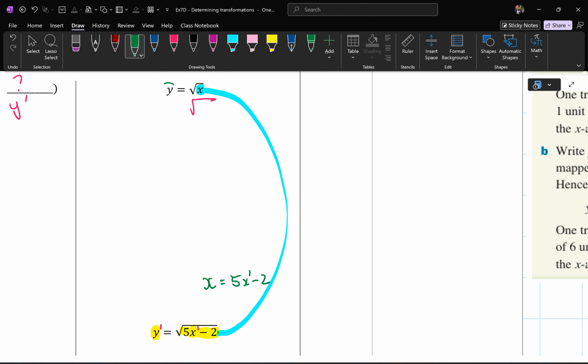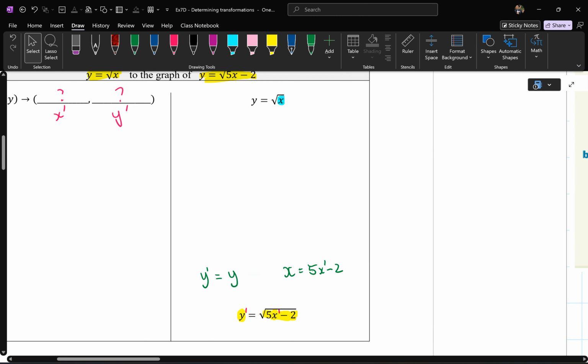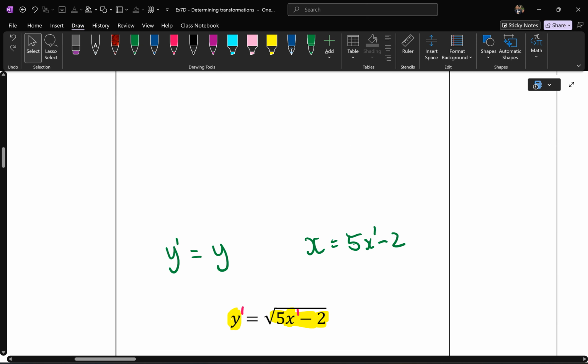And then we can see over here, well, original y is being replaced with new y. So then I can state new y is equal to original y. So from this, now that I can see that comparison, remember our goal is to actually solve for new x, new y, because that tells us the transformation. So here, it's the reverse. Now we're moving everything backwards.